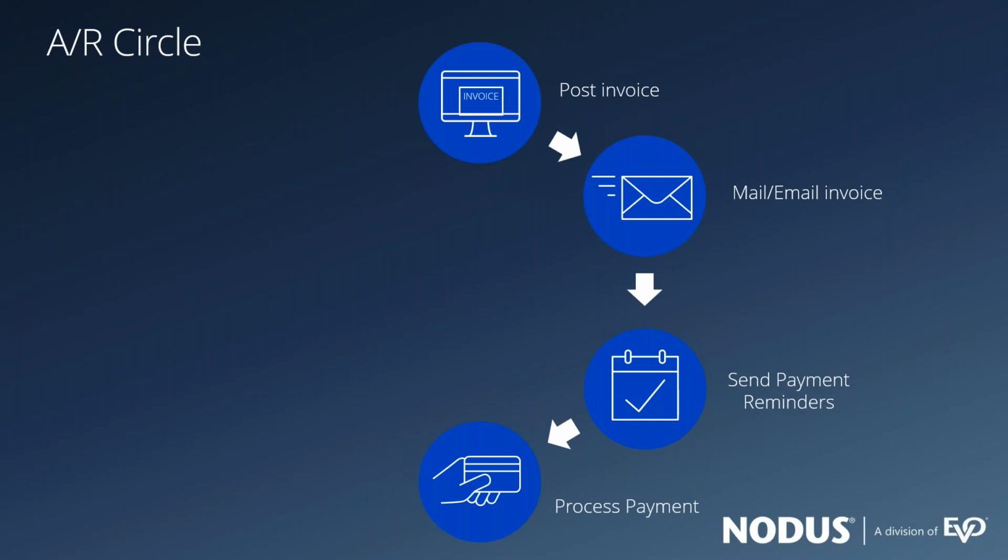Once your customer is ready to pay, I'm not even going to talk about how you collect that payment, because that will take me down a rabbit hole. But let's say you receive a payment, whether it's a check in the mail or somebody called you to give you a credit card number over the phone. Once you receive that payment information, you're going to process that payment.